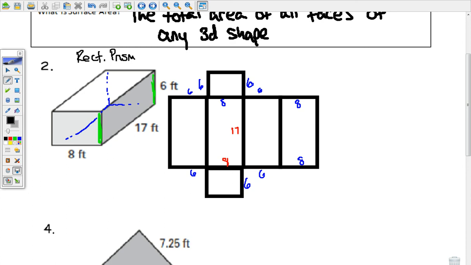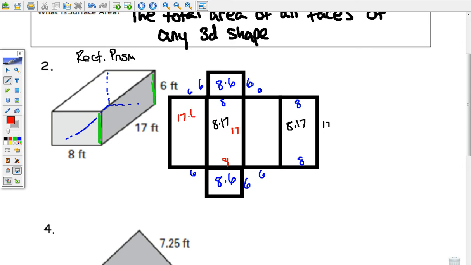All right, so that if we figured out 8 times 17, that's there and there. So the black parts are 8 by 17. We also have the front and the back parts, 8 by 6s. Those are right here and here. Then the third measurement that we have is 17 times 6, which are the flaps that folded down.